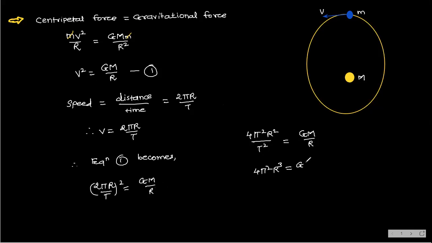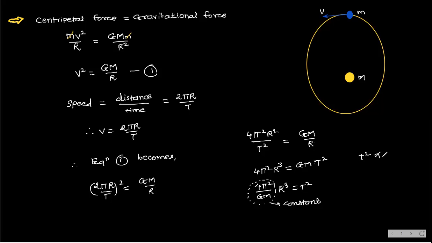Then this is GM into T square, and now this GM I am transferring here. So 4 pi square by GM into r cube is equal to T square, as this factor is constant. So can I write like this?